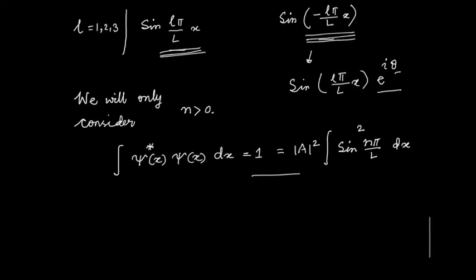So this equals 1. If I can solve for A from this equation, then I am done. So basically what I have to do is this integral. Now doing this integral is rather straightforward, and because of that I will not do it here, but you can easily figure that out.